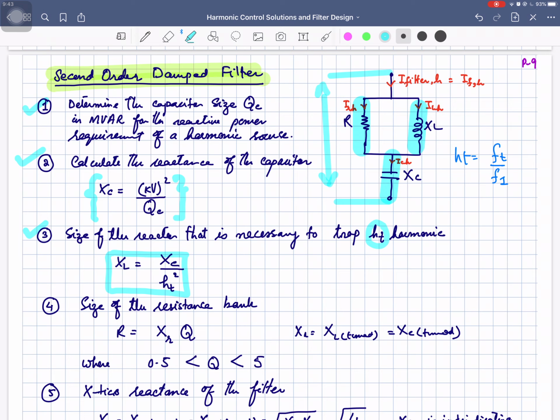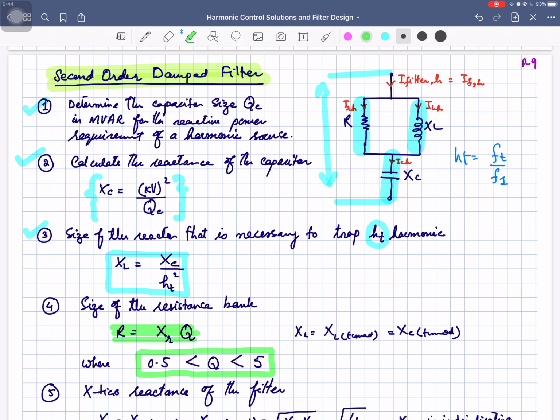Then we calculate the resistance using the quality factor information. The quality factor is Q, and that is related to the resistance and the XR with this equation. And for this second order damped filter, the range of Q is usually from 0.5 to 5.